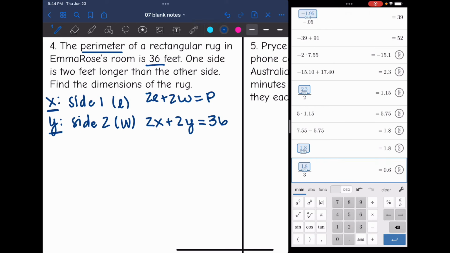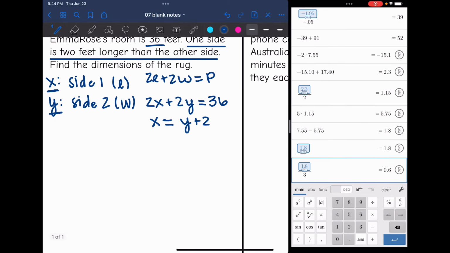Then it says one side is 2 feet longer than the other side. So we'll let one side, x, equal 2 feet longer than the other side. So that means I would take that side length y and add 2. So x equals y plus 2. Now I just need to solve this system. To me, it looks like substitution would be a good option here because x equals y plus 2.